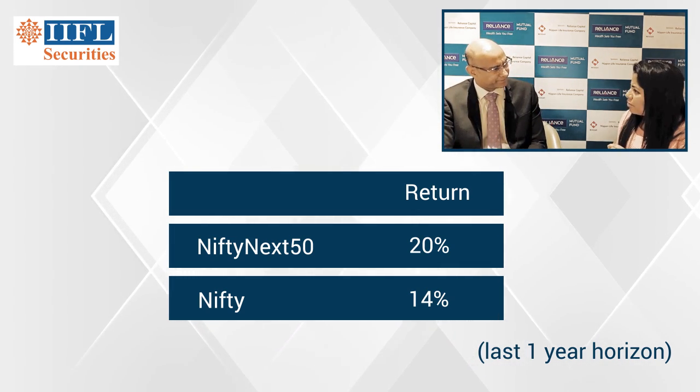Okay. So I would like to understand what is the difference between active funds and passive funds? Passive funds basically track an index. In an active fund, you are dependent on a fund manager's ability to beat the market. But if you look at data, especially in India now, it's becoming extremely difficult for active fund managers to keep beating the index.